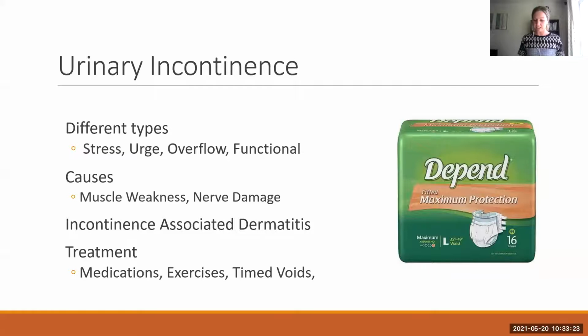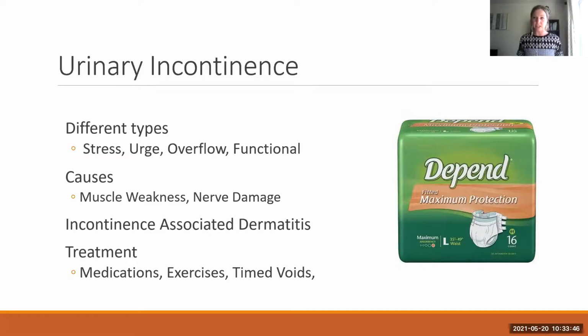Next, urinary incontinence. I'm going to really quickly go over the different types of urinary incontinence. It's not necessary for people to fully know the difference, but in medicine they really focus on it because the different types of incontinence that people experience change the course and the treatment entirely. The first one is stress incontinence.